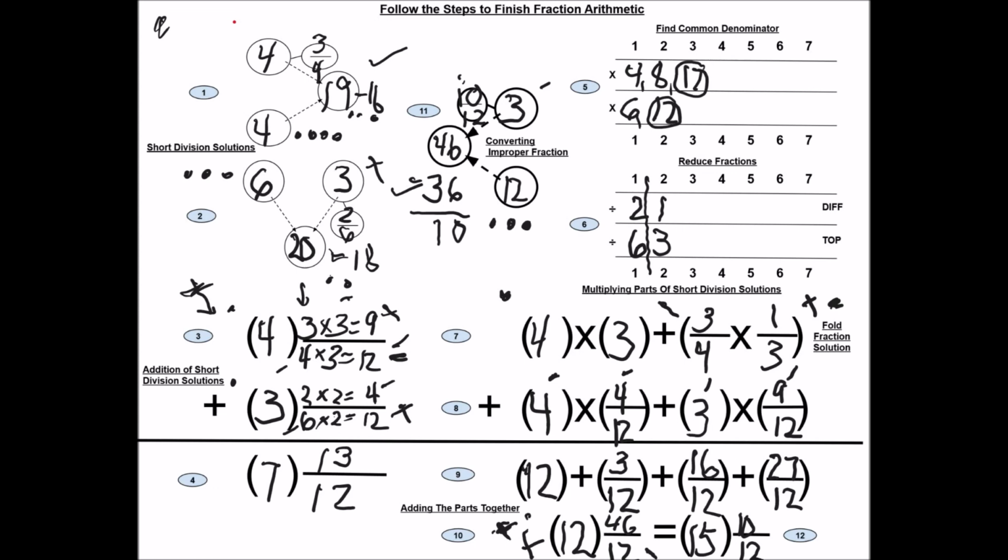And then I recognize 46/12 as 46 divided by 12 in improper fraction. So I did the short division on the improper fraction, and I got 3 more wholes, which gave me 15 and 10/12. So use this example to try to finish the fraction arithmetic on the next worksheet.